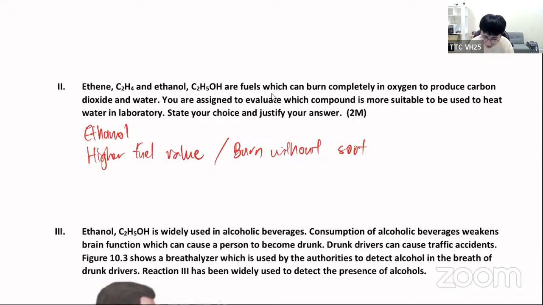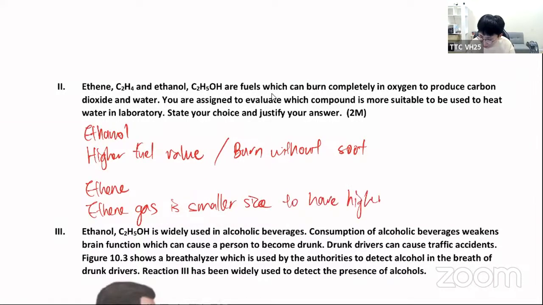So if you selected ethene, you can say that ethene gas has a smaller size, so it has a higher rate of reaction. Okay, also possible.